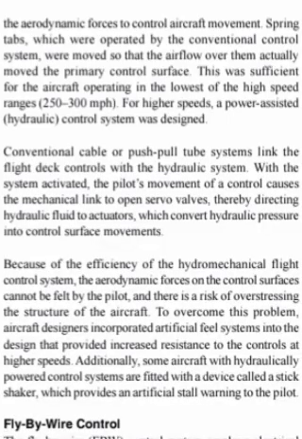Spring tabs, which were operated by the conventional control system, were moved so that the airflow over them actually moved the primary control surface. This was sufficient for aircraft operating in the lowest of the high-speed ranges, 250 to 300 miles per hour.